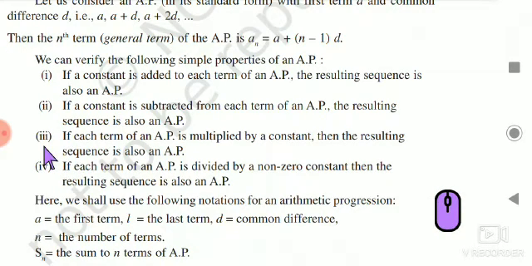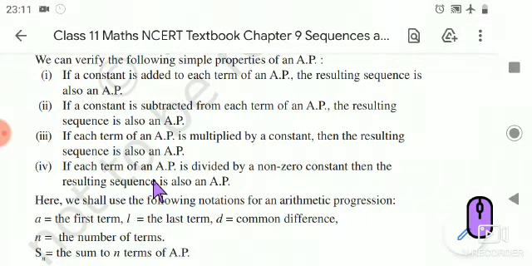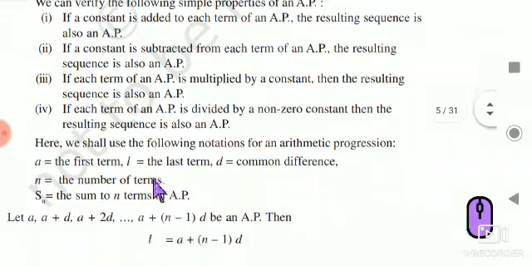Similarly, the third property, then the resulting sequence is also an AP. The fourth property is, if each term of an AP is divided by any non-zero constant, the resulting sequence is also an AP. These are the simple properties of arithmetic progression.